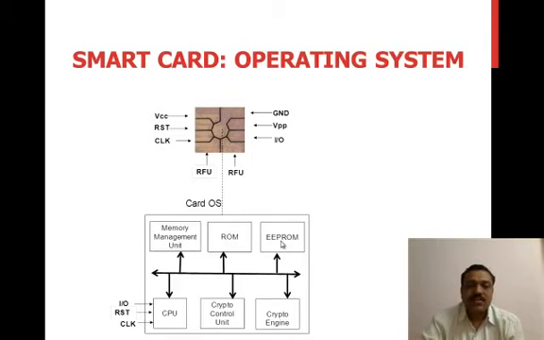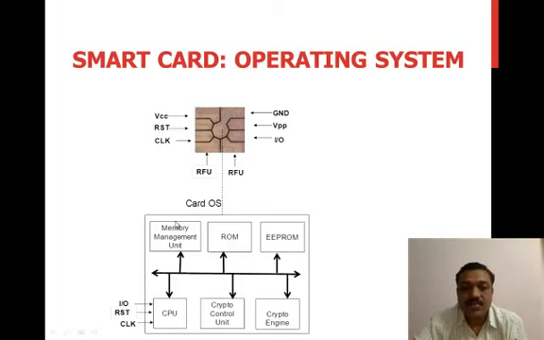So in the smart card operating system, we have seen smart card is about security and providing more security to the user. So it has a CPU, and it has a crypto control unit and crypto engine which encrypts the data. So even the data which is swiped and stored in a database is encrypted for better security.